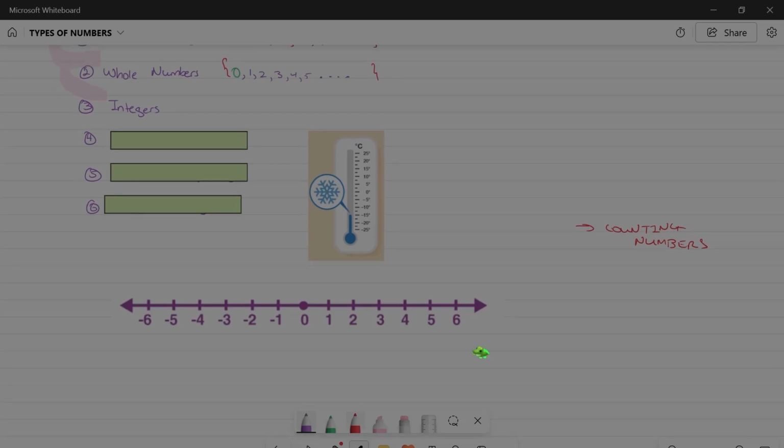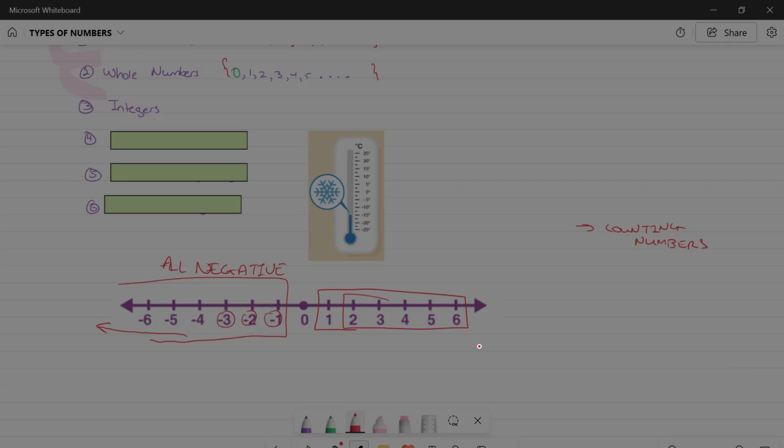The number line includes all negative numbers on the left side: -1, -2, -3, and continuing onwards until infinity. So integers include all negative numbers. They include all positive numbers as well.